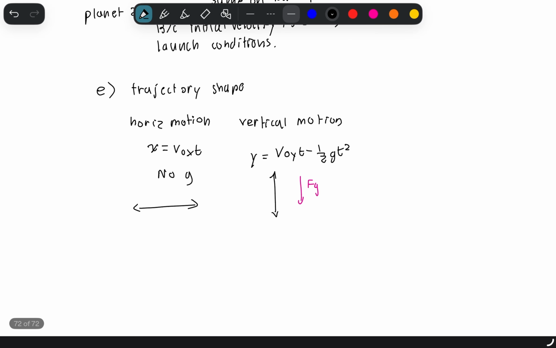Now we're going to think about the effect of g. So we see this 1/2 gt squared. If you increase g, this is going to have a larger effect. So that means that the object would fall faster.